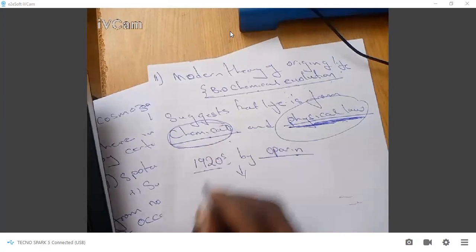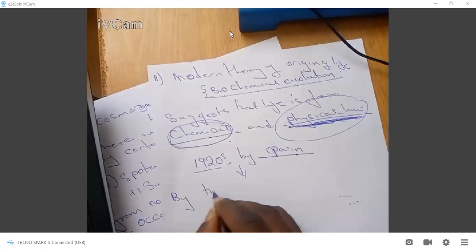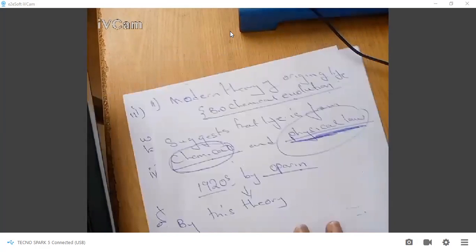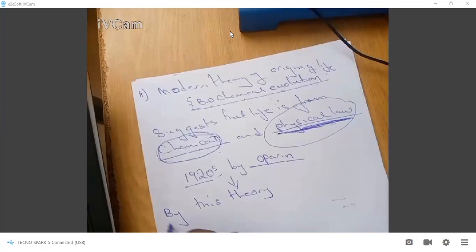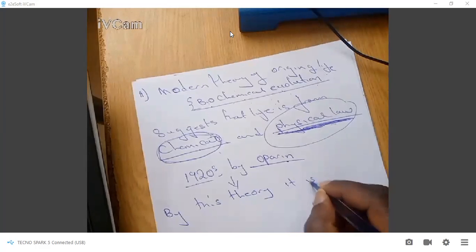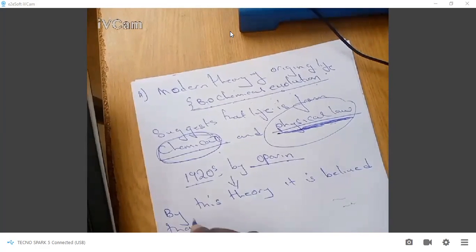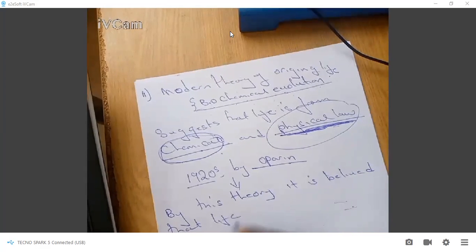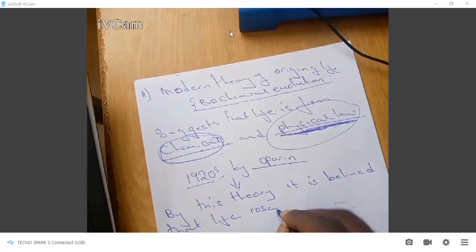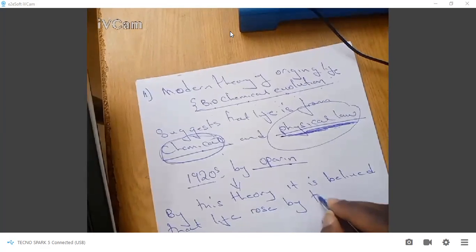Therefore, by this theory, it is believed that life arose in 3 stages.